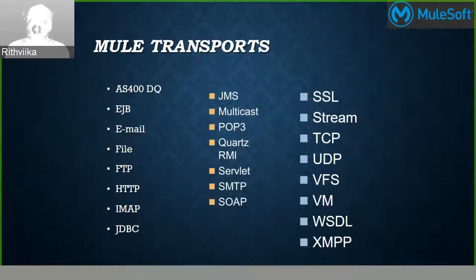Let us say FTP. FTP is file transfer protocol. If I want to connect to a particular file in a remote system, there is a difference between file and FTP. File is for when I want to connect two local systems. If I'm going to get the file from a remote system, then I use the FTP transport.